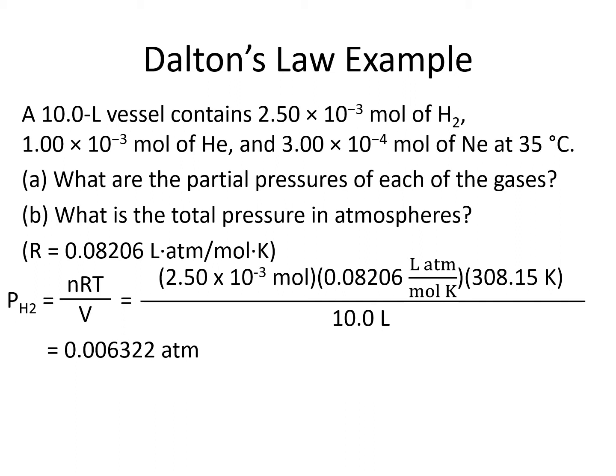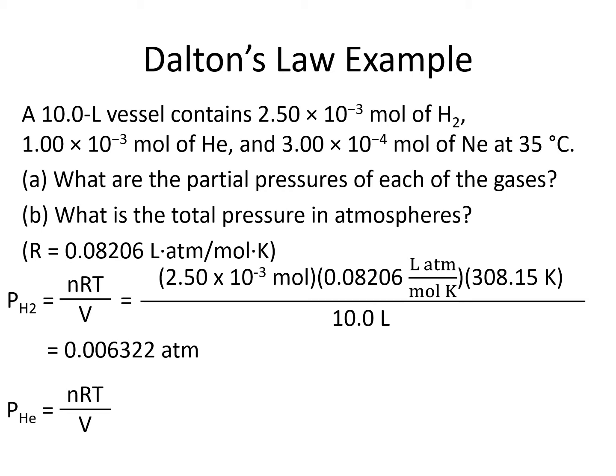Then we're going to use the ideal gas law for our next gas, which is helium. Again, we have the same rearrangement of the equation. This is all in the same container together, so the volume, that 10-liter vessel, is the same for all 3 of our gases. R is a constant, so that's not changing.